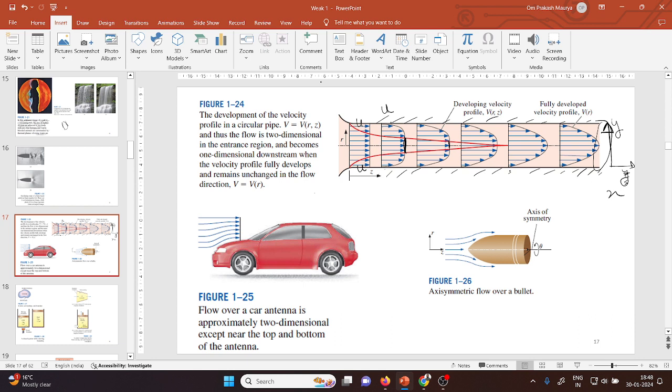So up to that much distance, from uniform to fully developed, after that your velocity diagram will not change. Here also the velocity diagram is like that, it will never change in the x direction after that. But up to that, this distance is known as the development length.